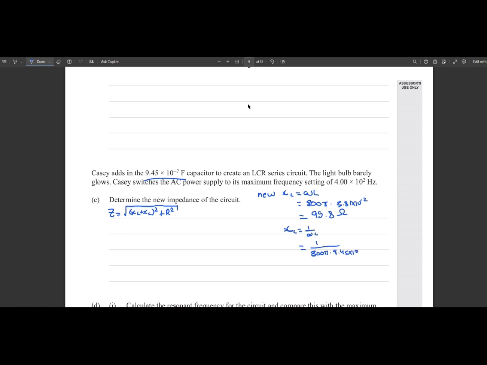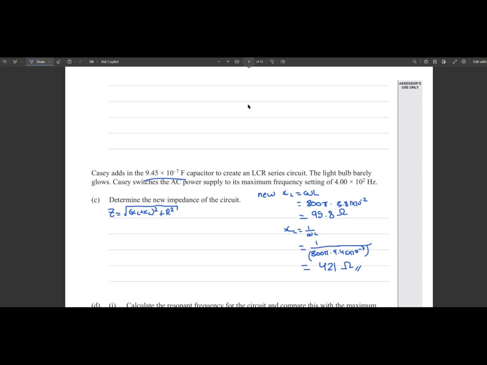Putting that all in my calculator, I get 421 ohms, right?